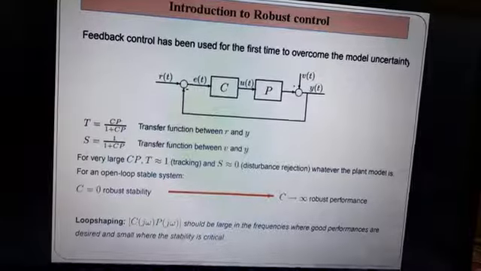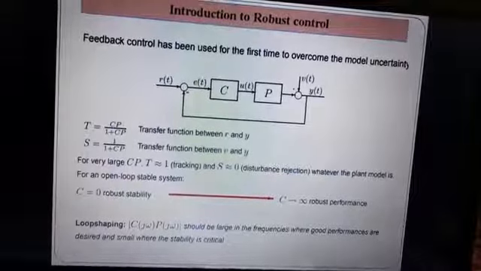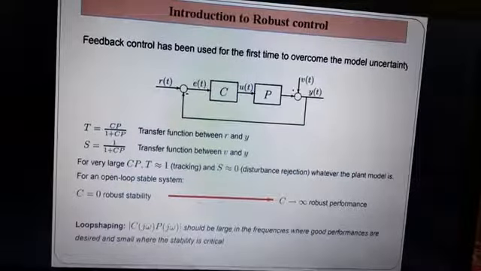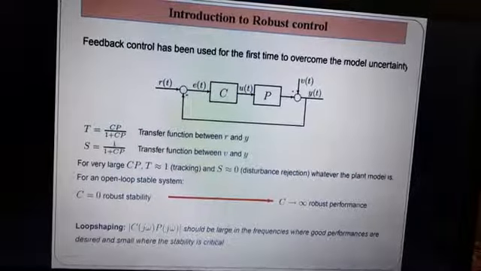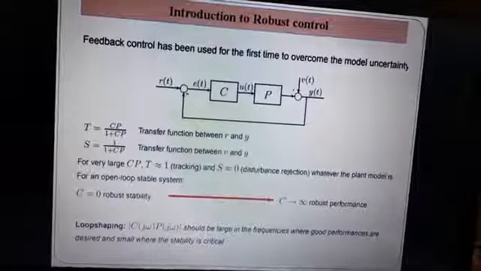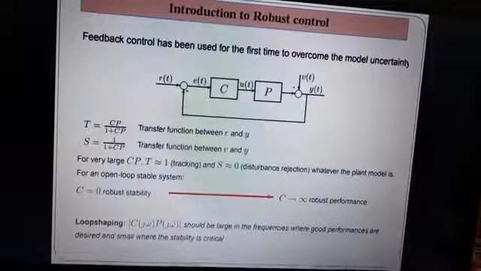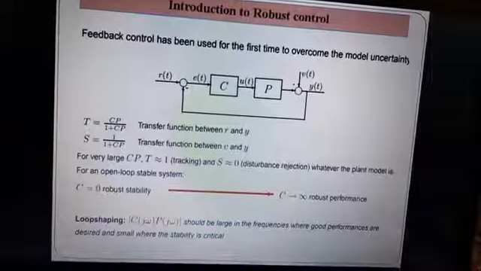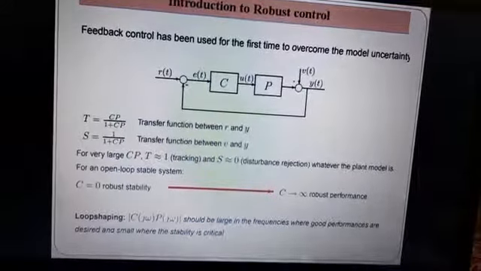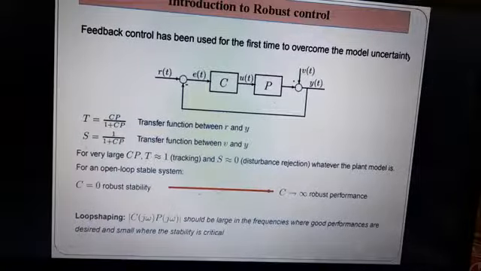So we have obtained two transfer functions here. T is known as the tracking problem, and the other one is known as the disturbance rejection problem.